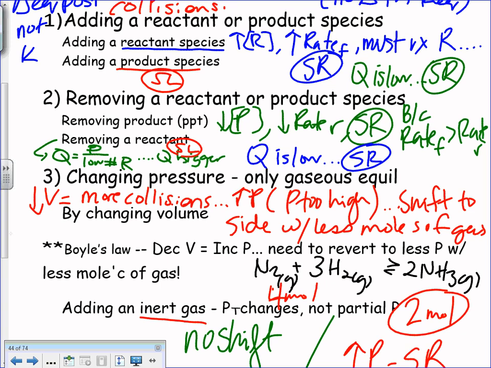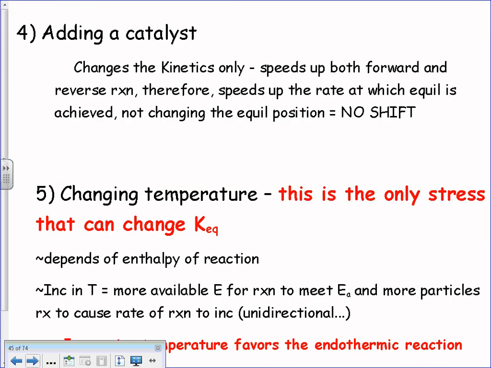Okay. So these are the last 2, and I think we have already discussed the catalyst information here. Catalysts are going to speed up both the reverse direction and the forward direction. And we mentioned the fact that that doesn't actually do anything to equilibrium. We just get to equilibrium faster. That's it.